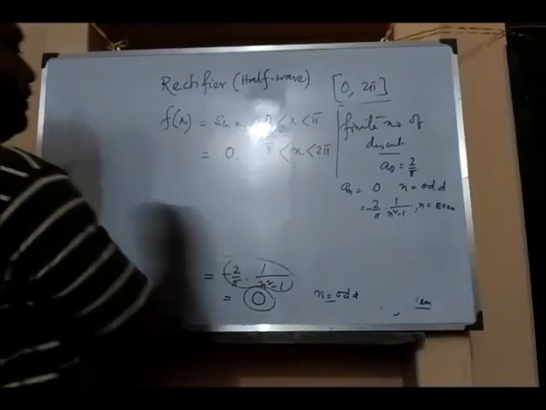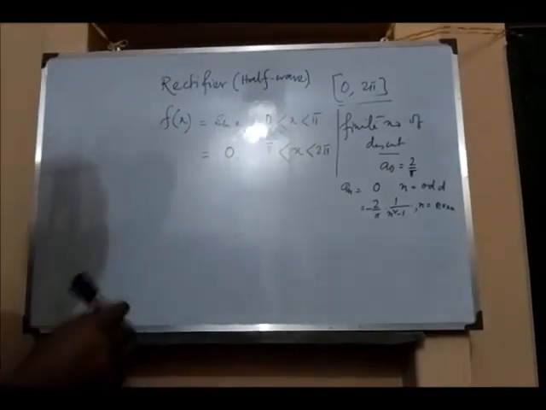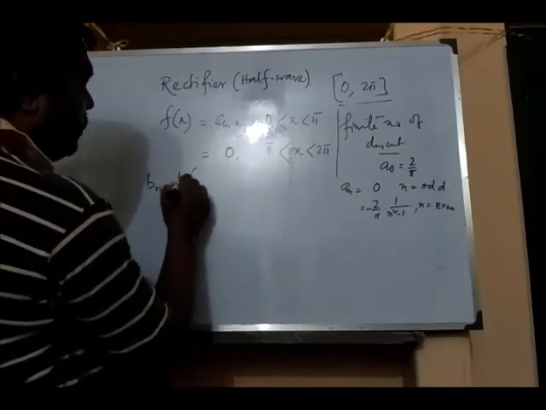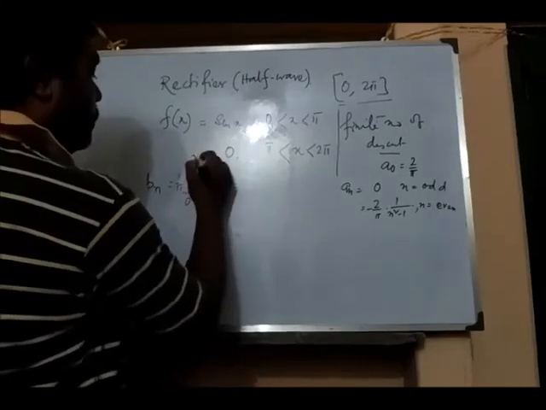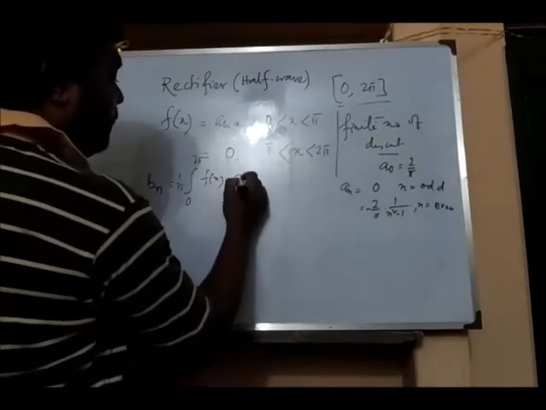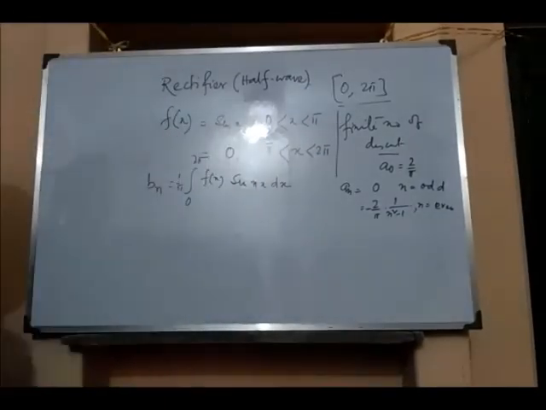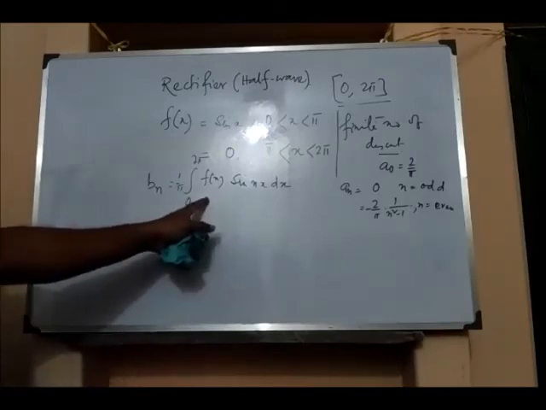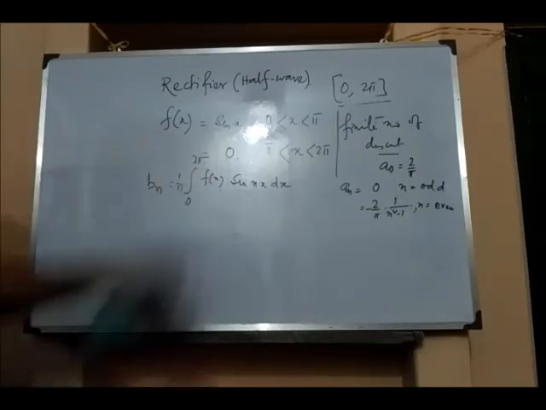Now calculate b_n. So b_n equals 1 upon pi, 0 to twice pi f(x) sin nx dx. So the value of this f(x) from 0 to pi becomes sin x, and the rest of the part, pi to twice pi, becomes 0.